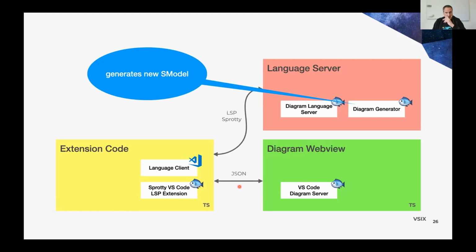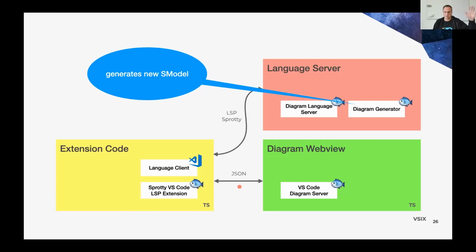So to illustrate that, here's how it works. User types in some text in a language server connected editor. The new text gets over to the language server. The language server takes it, parses it, creates that Xtext model. Then the diagram generator takes that Xtext model, transforms it into an S model.